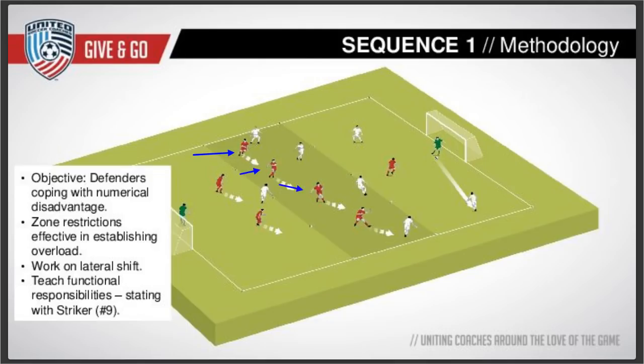And if the ball does get played through and progressed up to the white midfielders, then we need to make sure that our red midfielders, when they're stepping to the ball, stay connected and communicate who's stepping to and where they're going to force it. So then our 4 and 5 reds in the back can also adjust accordingly and stay organized.